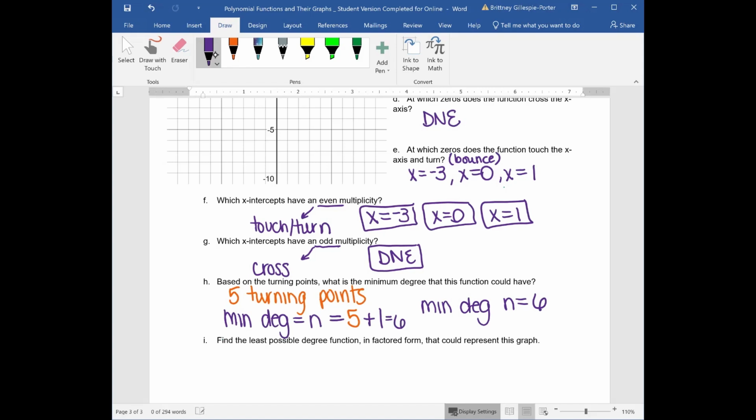To get from degree to max number of turning points, subtract 1, working backwards. But to get from turning points to degree, we have to add 1.